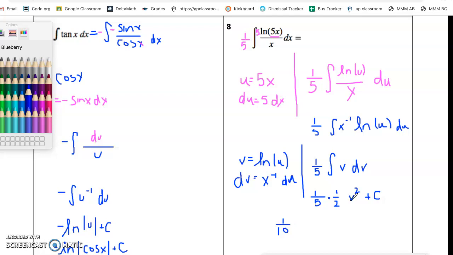And instead of v, I'm putting ln of, and instead of u, remember, it'll be 5x, this whole thing squared plus c.